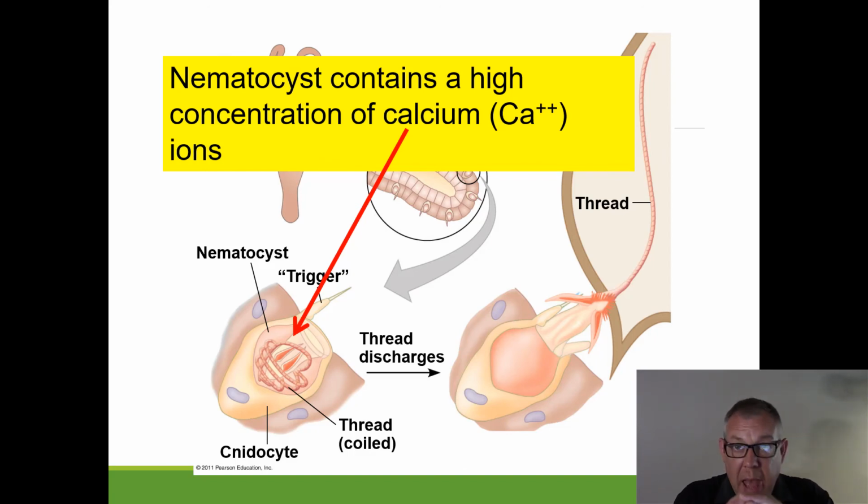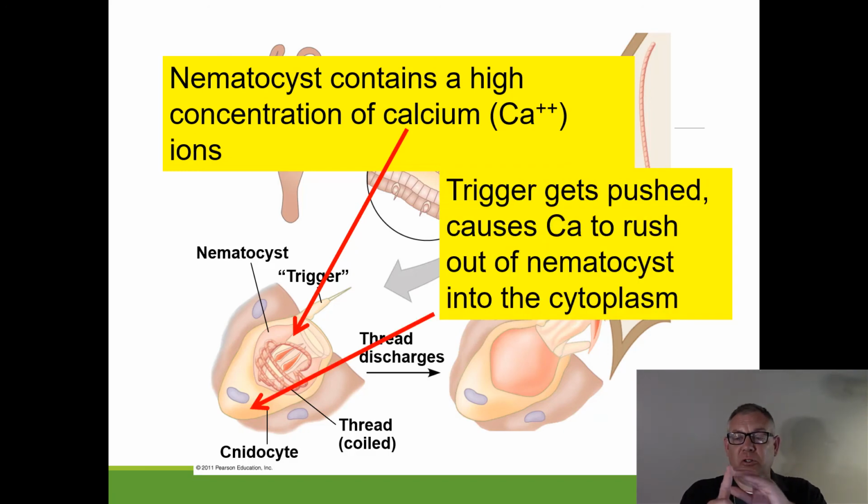And then you've got this cap, and it's got this trigger attached to it. If that trigger gets pushed, if something brushes against it, like if you brush against a jellyfish, or if their prey or a predator brushes against the organism, it's going to hit that trigger. That trigger is going to burst open what holds this calcium, and so that calcium is released into the cytoplasm of this cell.